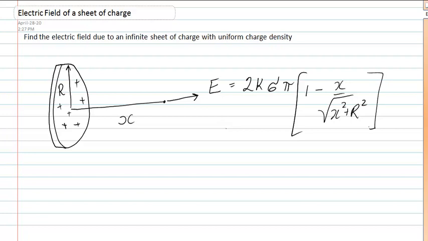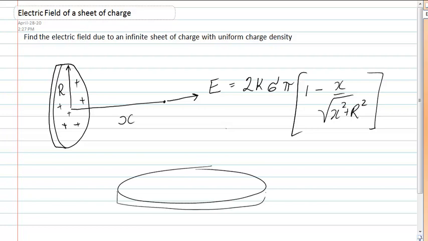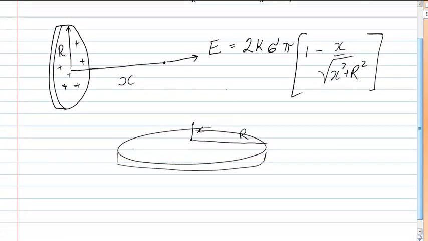Now, if we are going to find the electric field of a uniformly charged infinite sheet, all we have to do is go really close to this disk. Essentially, if we go really close so that x is really small compared to r, it looks like an infinite sheet.